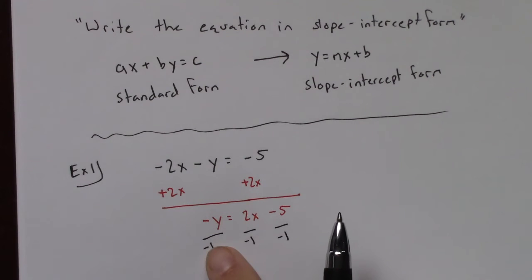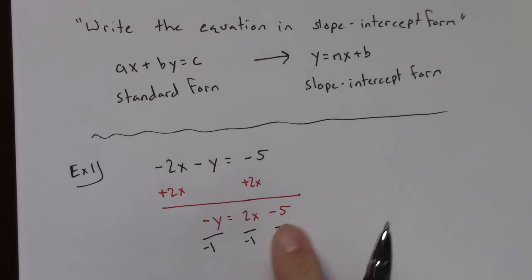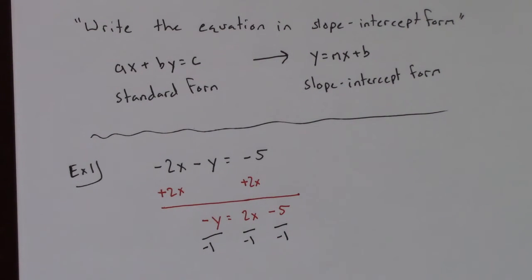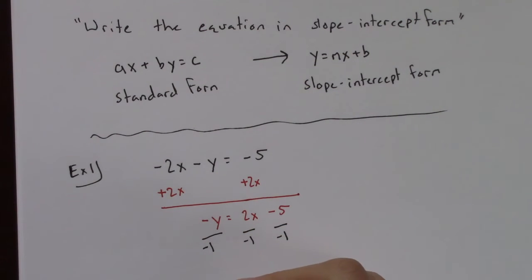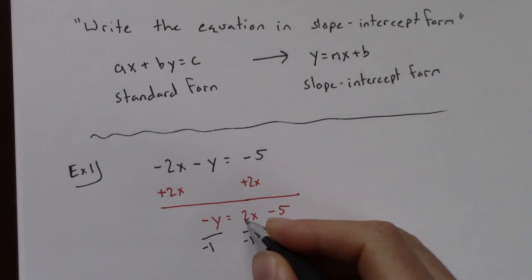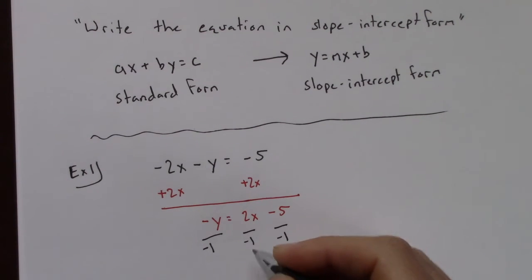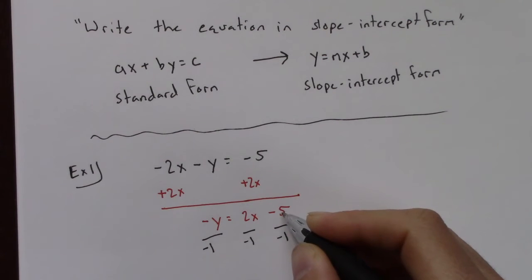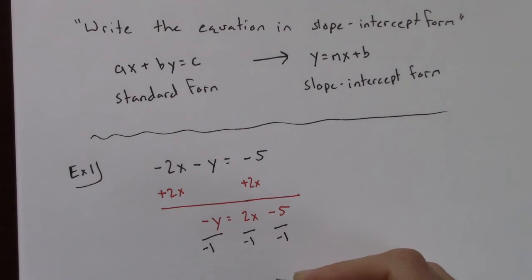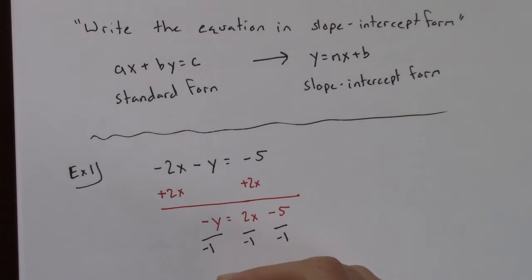And when I do that, I want to make sure I do it to every term. So I'm going to do it to all 3 spots. When I do that, a negative divided by a negative is now a positive y. Positive 2 divided by a negative 1 is now a negative 2x. A negative 5 divided by negative 1 now becomes a plus 5. And I have my new equation.